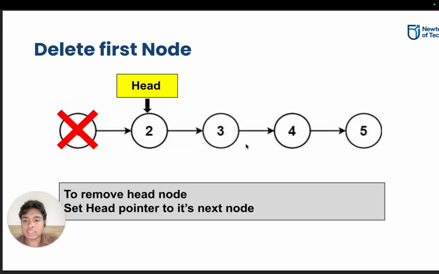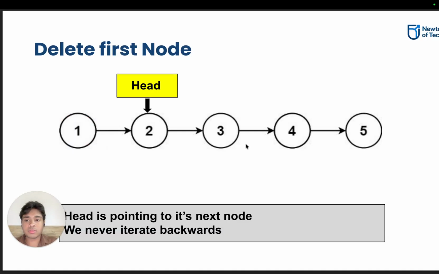As I told you, to remove the head node, set the head pointer to the next node. As you can see in the diagram, to remove the head node, set the head pointer to the next node.